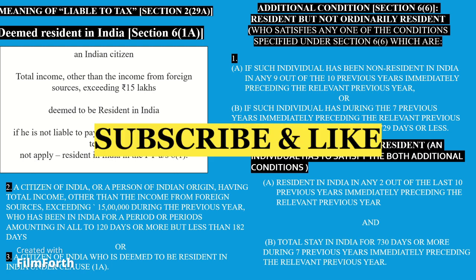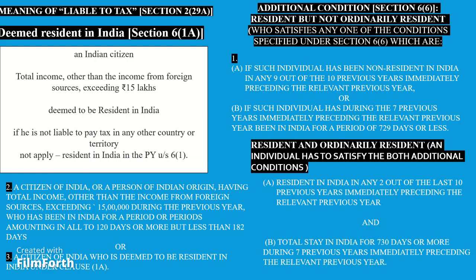1. If such individual has been non-resident in India in any 9 out of the 10 previous years immediately preceding the relevant previous year, or if such individual has during the 7 previous years immediately preceding the relevant previous year been in India for a period of 729 days or less.